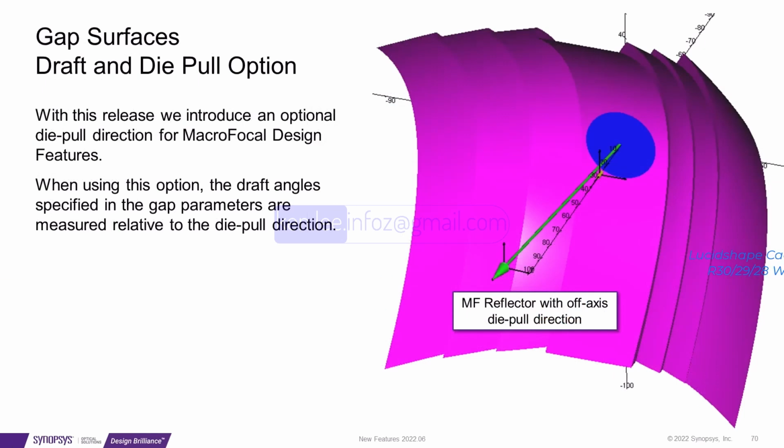With this release, we introduce an optional dipole direction for macrofocal design features. When using this option, the draft angles specified in the gap parameters are measured relative to the dipole direction. To the right, you can see an MF reflector with an off-axis dipole direction indicated by the green arrow.